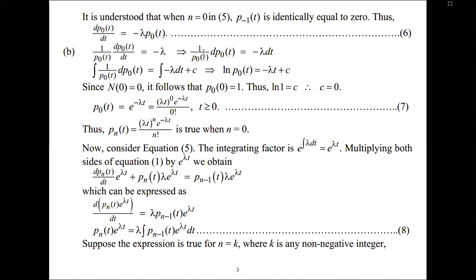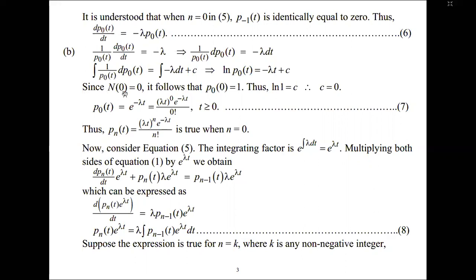Then we'll integrate both sides. When you integrate 1 over P, it will give you ln P, and this one will give you lambda T plus C, from equation 6 and equation 5.